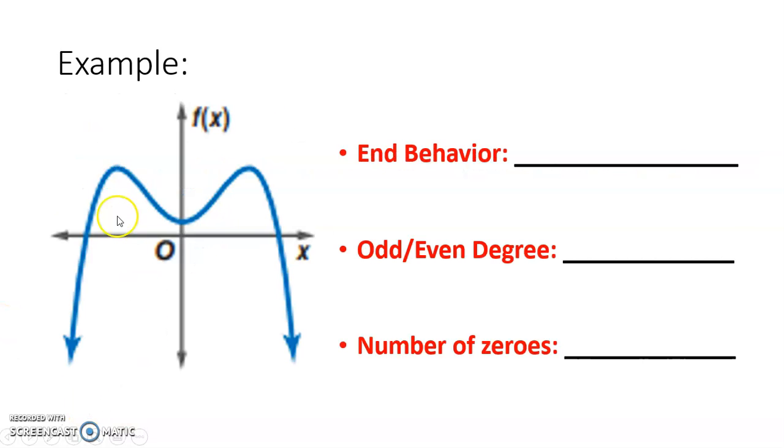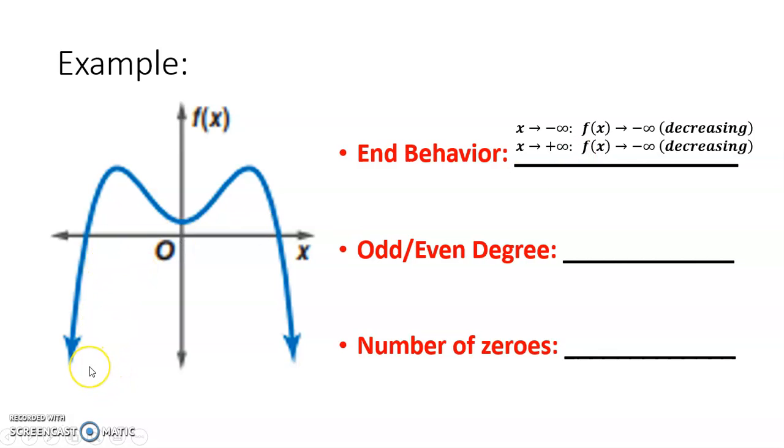So, this is the graph. What is the end behavior? For the left side, or x approaches negative infinity, we know that the graph goes downward or decreasing value. So, the function approaches negative infinity. Now, on the right side, as x approaches positive infinity, the function approaches negative infinity or decreasing values of f of x.